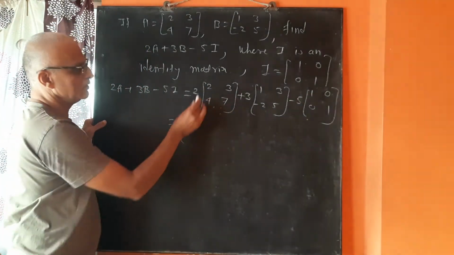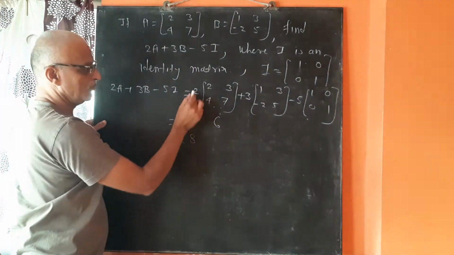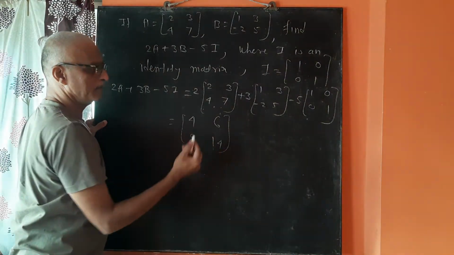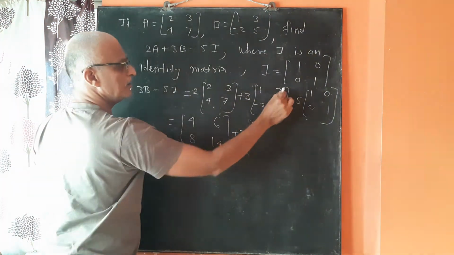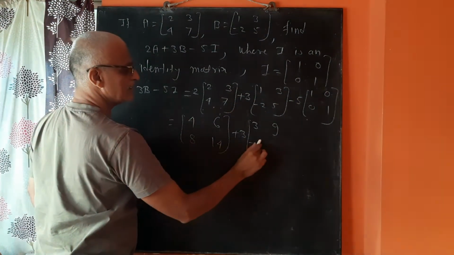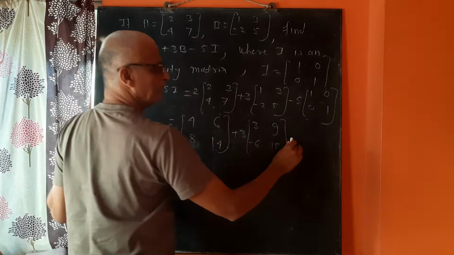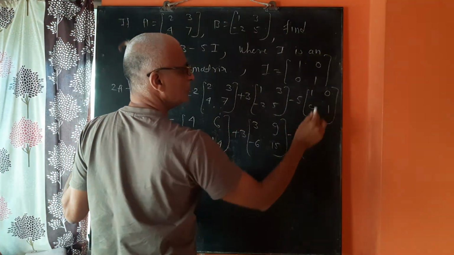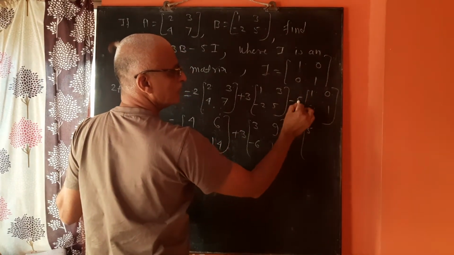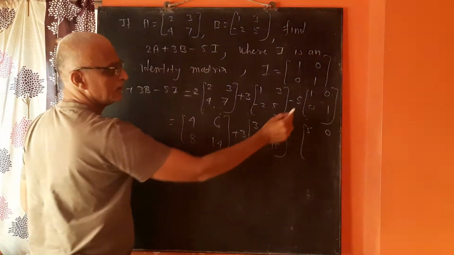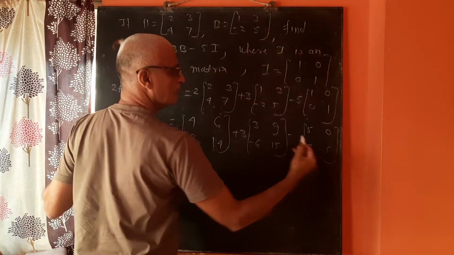It is equals to matrix of 2 into 2 4, 2 into 3 6, 2 into 4 8, 2 into 7 14, plus 3 into matrix of 3 into 1 3, 3 into 3 9, 3 into minus 2 that is minus 6, 3 into 5 that is 15, minus 5 into matrix of 5 into 1 that is 5, 5 into 0 0, 5 into 0 0, 5 into 1 that is 5.